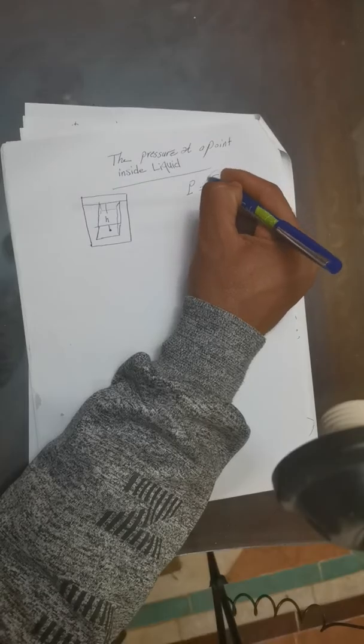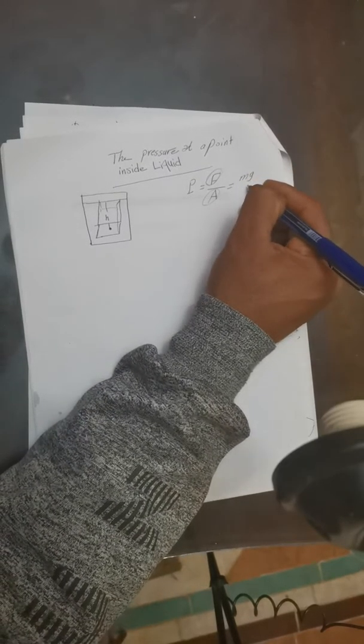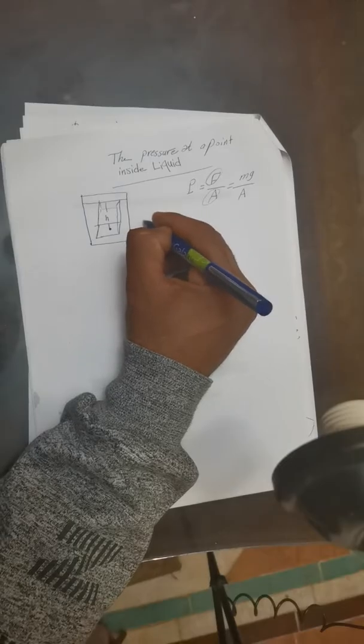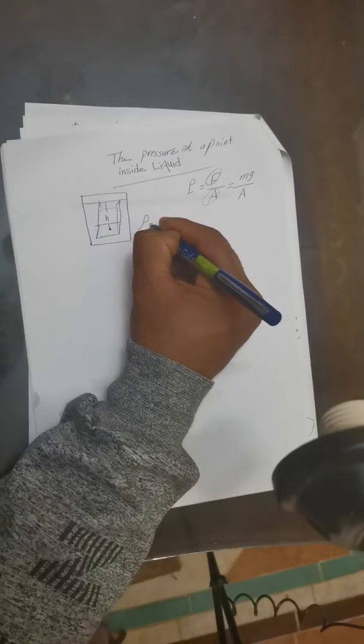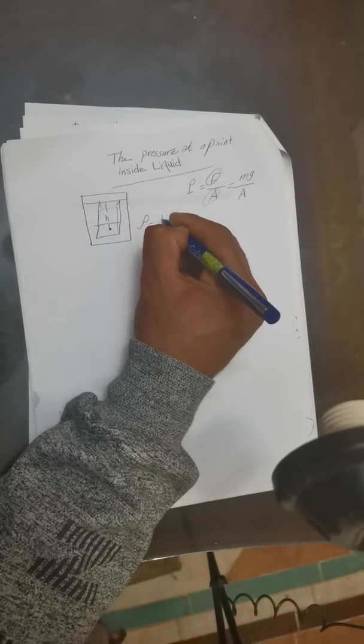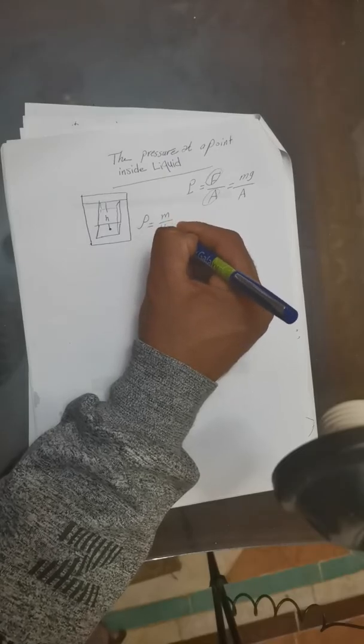If we substitute the force, the weight, by mg, the pressure equals mg over A. But rho, the density of the fluid, equals mass over volume.